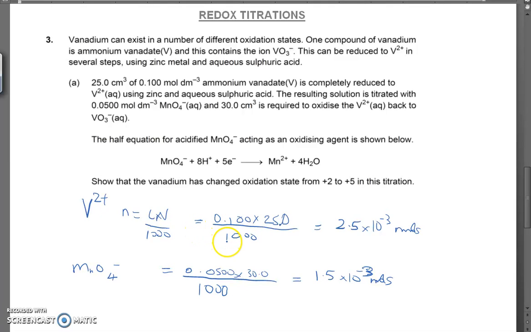to manganate ions. There are several ways you can approach this proof idea. Probably the simplest way is to look at the number of moles of electrons in the manganate part of the reaction.